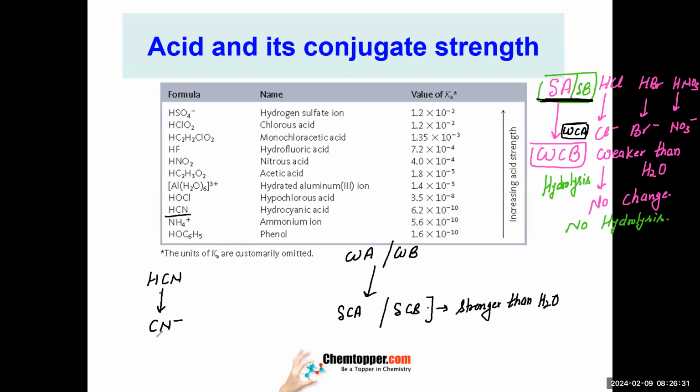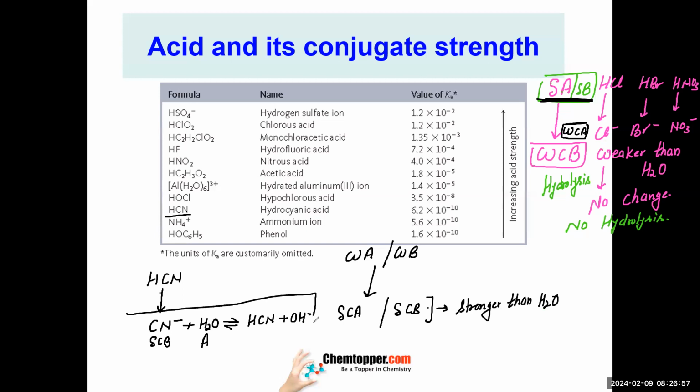But now this is a strong conjugate base. It's a stronger base than water. So when it goes into water, it will force this water to behave like an acid. And water is going to give H plus ions to this CN minus to give you HCN plus OH minus.